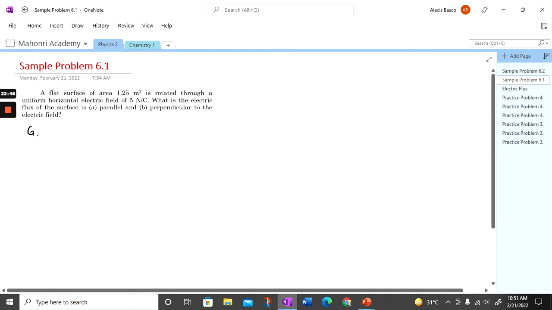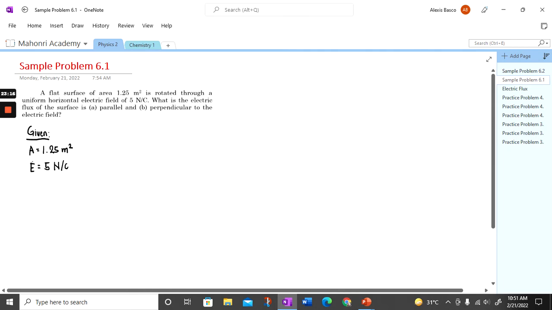So let's write that as my first given: area equals 1.25 meter squared, right? And then it is rotated through a uniform horizontal electric field of 5 newtons per coulomb. They gave me the magnitude of my E, which is equal to 5 newtons per coulomb.